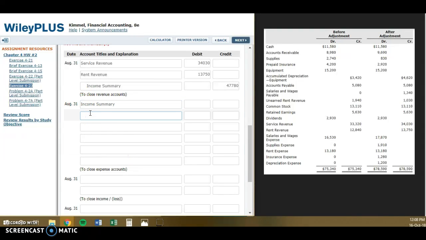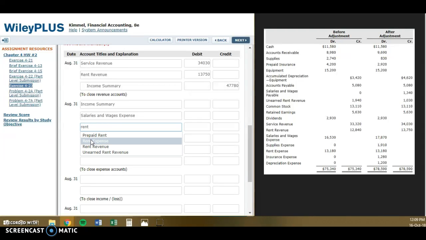So next we're going to start filling in the expenses, which are still needing to be put in order of the expenses that are most liquid. So the first one is salaries and wages expense.